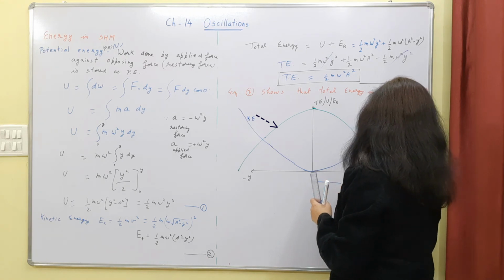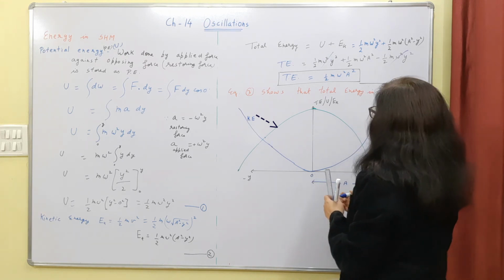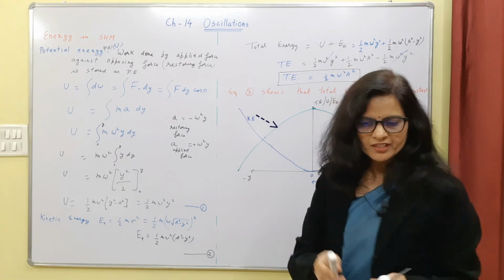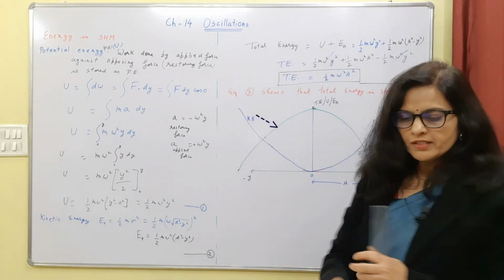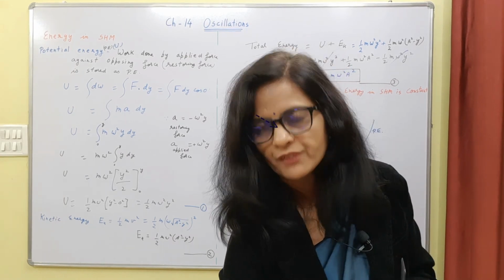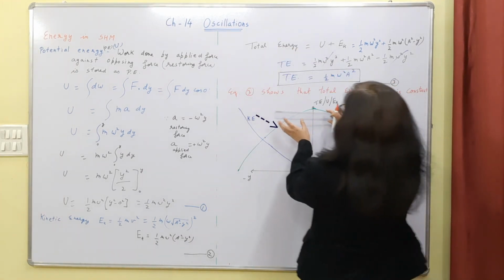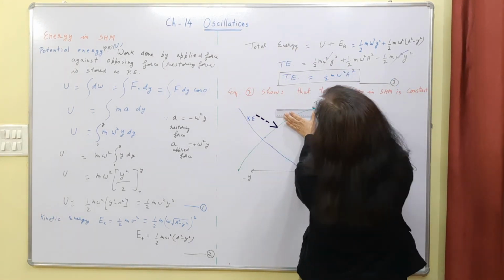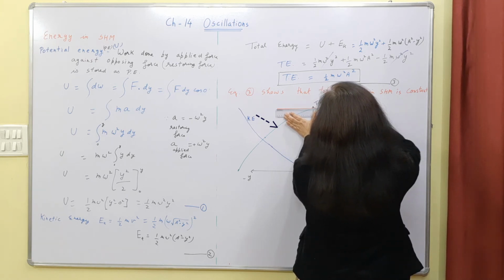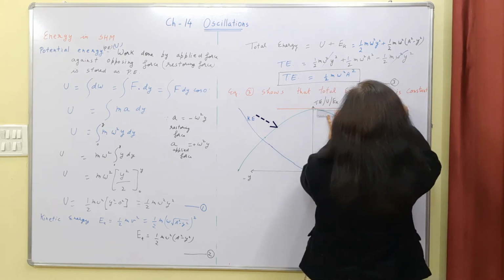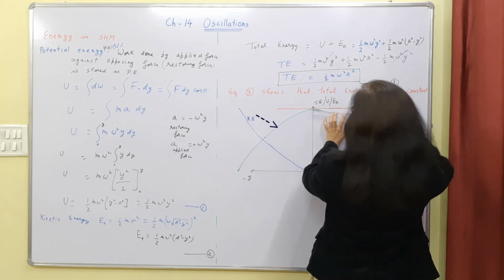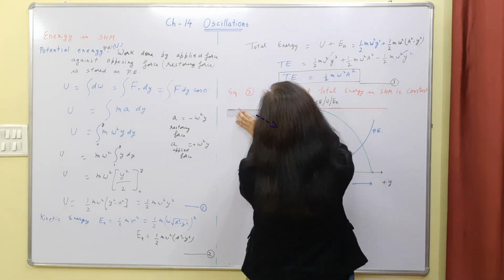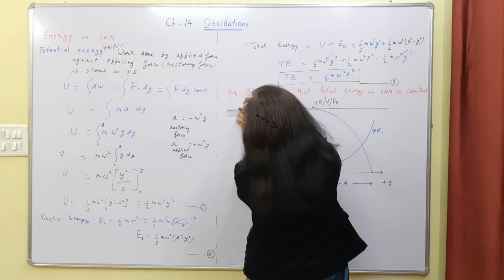This displacement is maximum displacement. Now for the total energy, we know that the total energy is constant, so it will not vary with time. So that means the line which is parallel to the displacement axis will show the total energy.